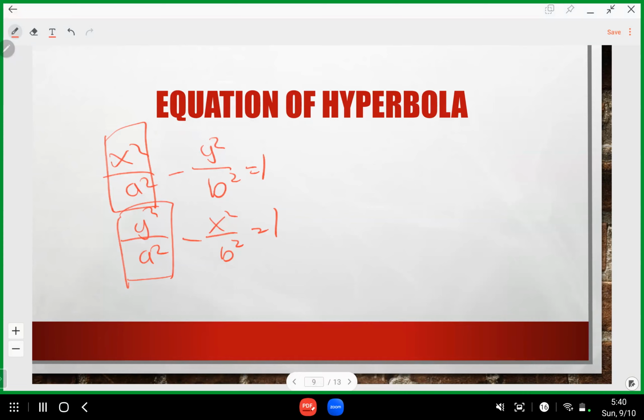So since x in the first equation is positive, the transverse axis is going to be horizontal. However, since y has a and it's positive, the transverse axis is going to be vertical. In this case, a does not have to be greater than b. a can be less than b, right?